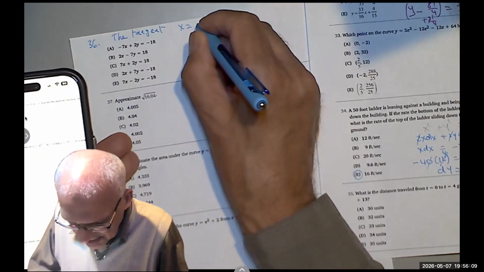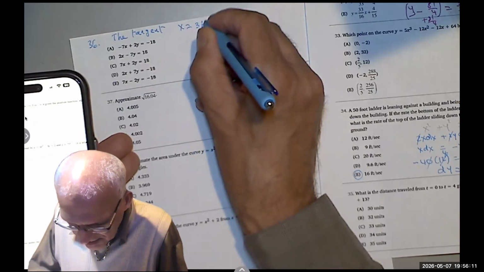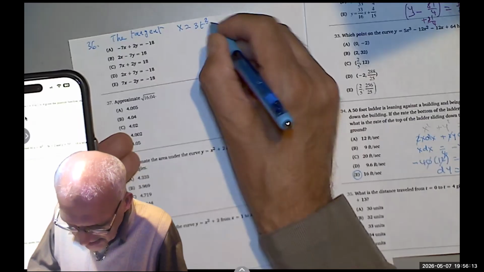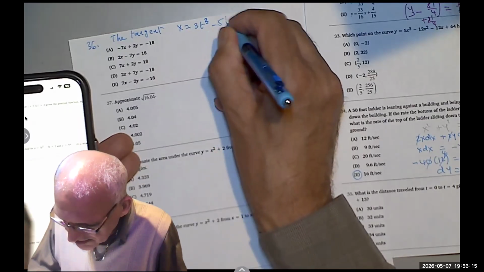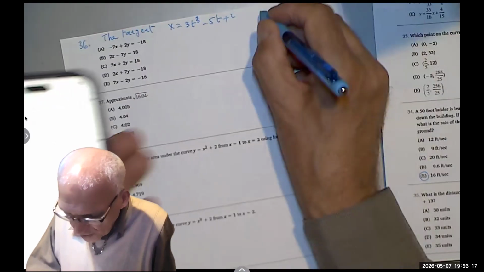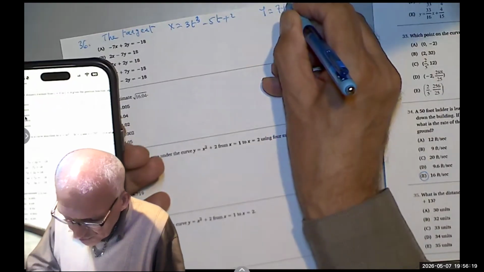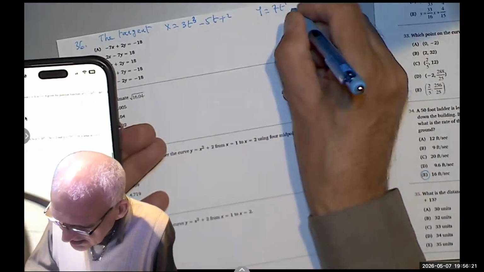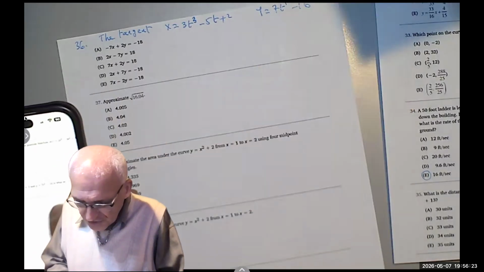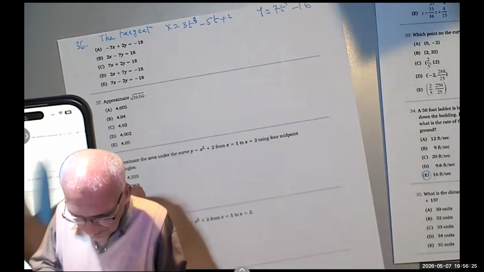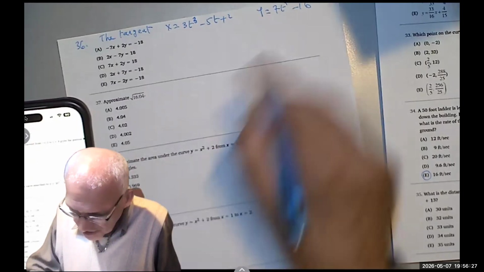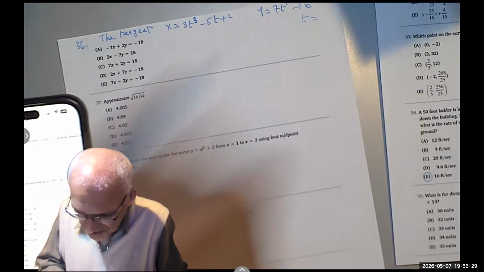Oh yeah, that's parametric. So we didn't do one. x is 3t cubed minus 5t plus 2, and y is 7t squared minus 16. They want you to find the tangent to the curve at t equals 1.